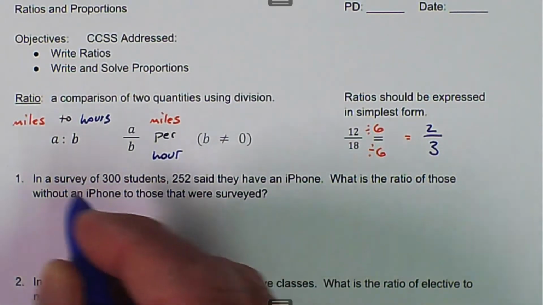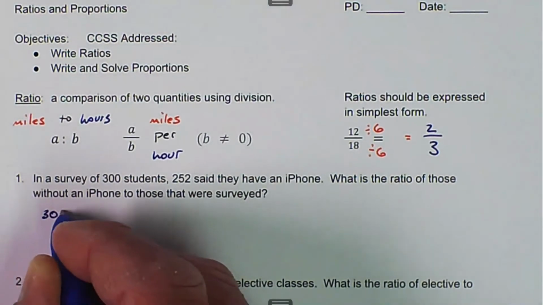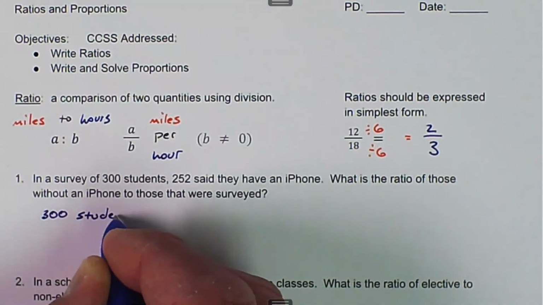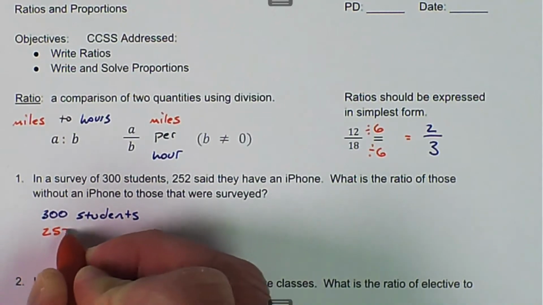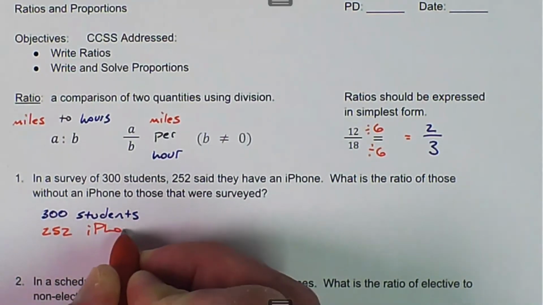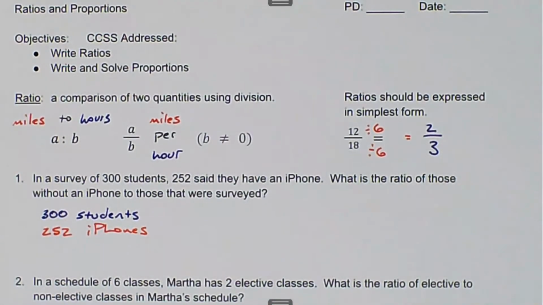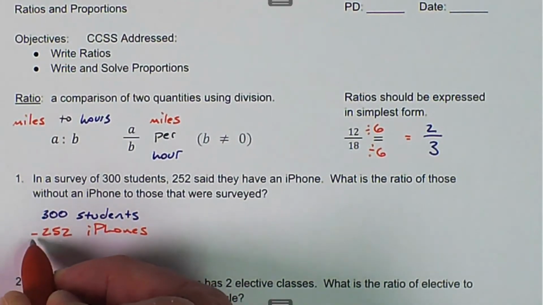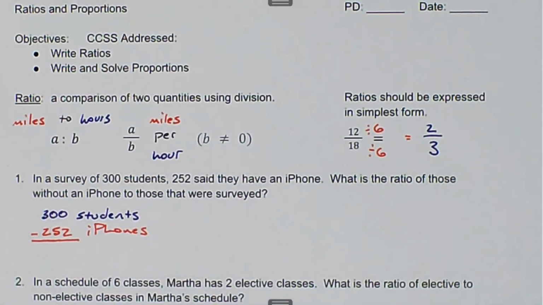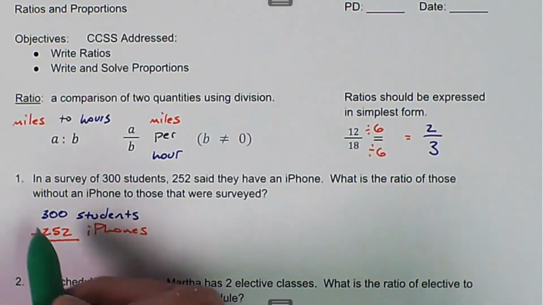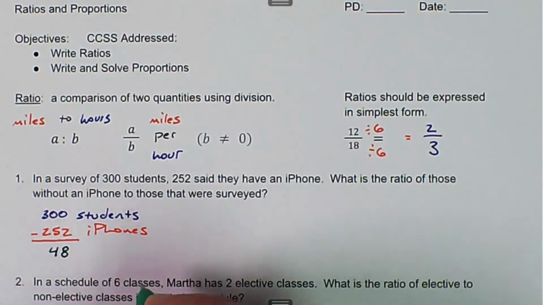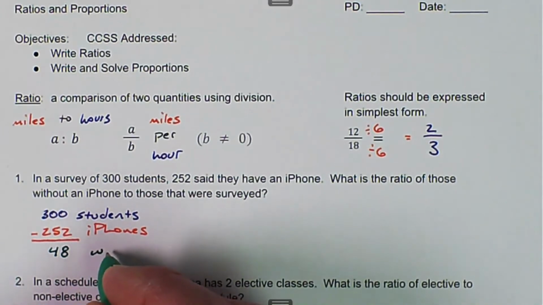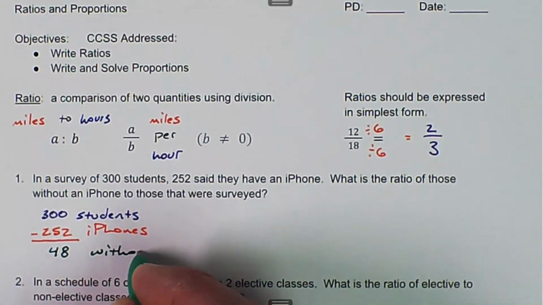There were 300 students surveyed, and 252 said that they had iPhones. If we subtract these, we will know how many people are left. So 300 minus 252 ends up being 48 people without an iPhone.